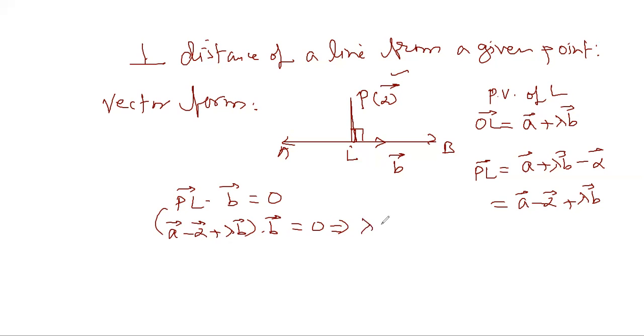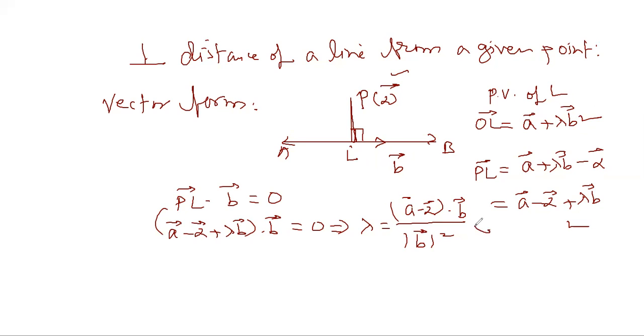So lambda will be equal to minus (A minus alpha) dot B upon magnitude of B square. On substituting the value of lambda in A plus lambda B and PL, we obtain the position vector of L and PL. And the magnitude of PL will be the shortest distance.